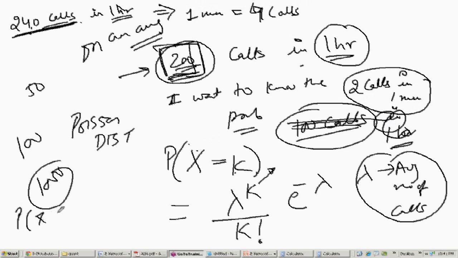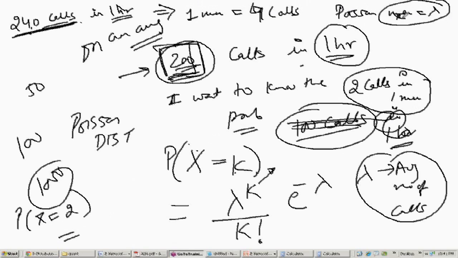Now the probability that I will get 2 calls in a minute is given in terms of how much I am getting on an average. Lambda is what I am getting on an average. For the Poisson distribution, the mean is given by lambda.